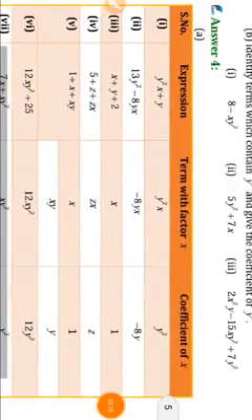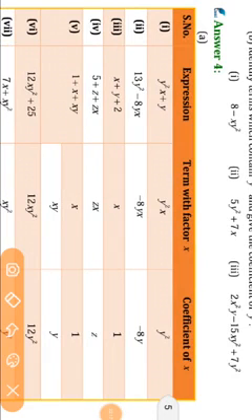In the second question also, see here, which is containing x, this term minus 8yx. So in 8yx, the coefficient of x means leaving the x, what is there here? Minus 8y. So minus 8y is the coefficient of x. Here also what is x containing? X. So it is containing variable 1.